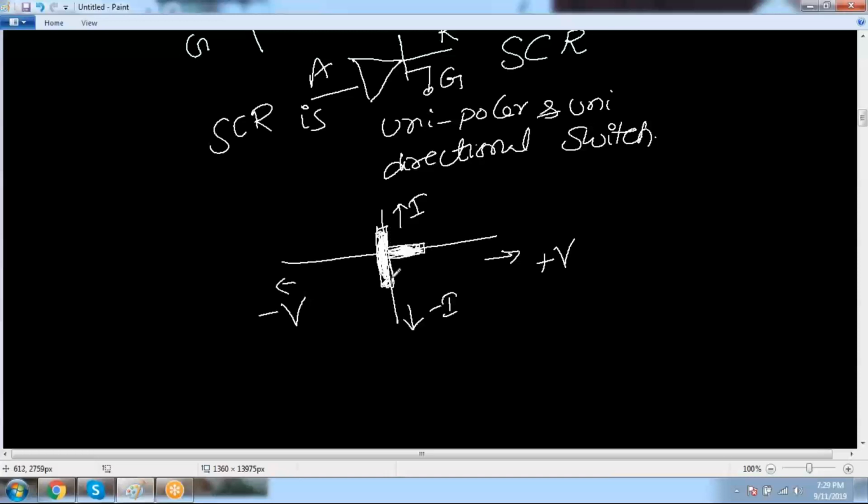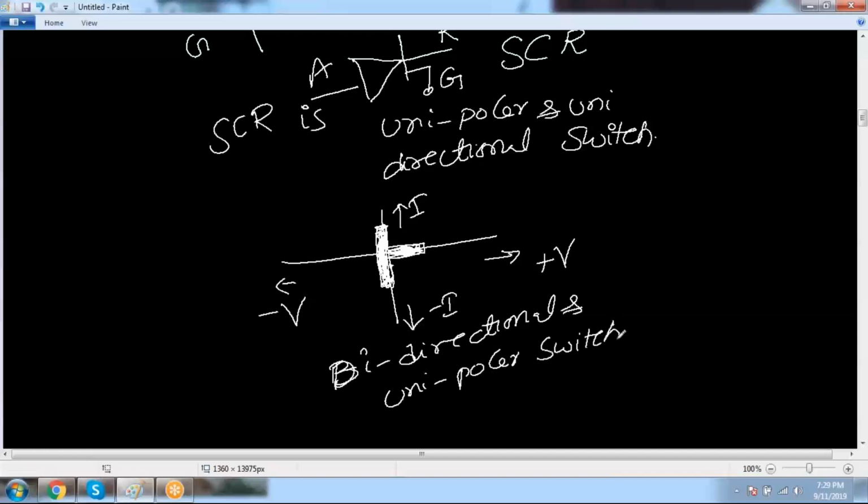Then what is this one? Tell me, what direction is this device? Bidirectional, bidirectional, and it is a unipolar switch. It is a bidirectional and unipolar switch.